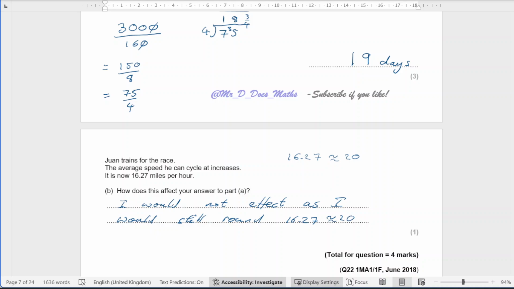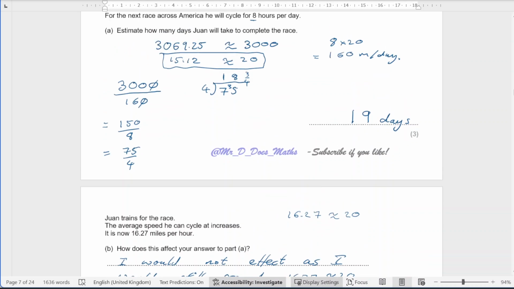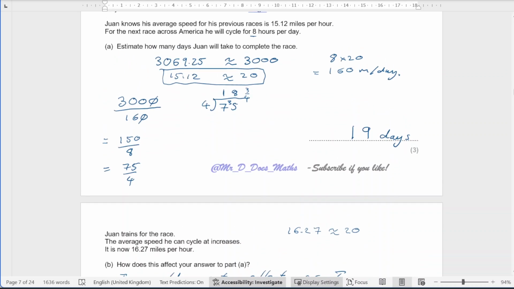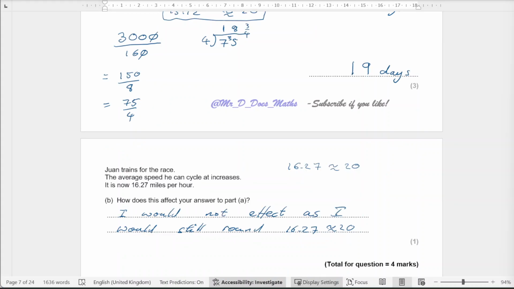Now, if you, in your question, you rounded 15.12 to 15, you could still get the mark for rounding because you've rounded to two significant figures. And if you did that, it would affect your answer. Because I rounded to one significant figure, it doesn't affect my answer.